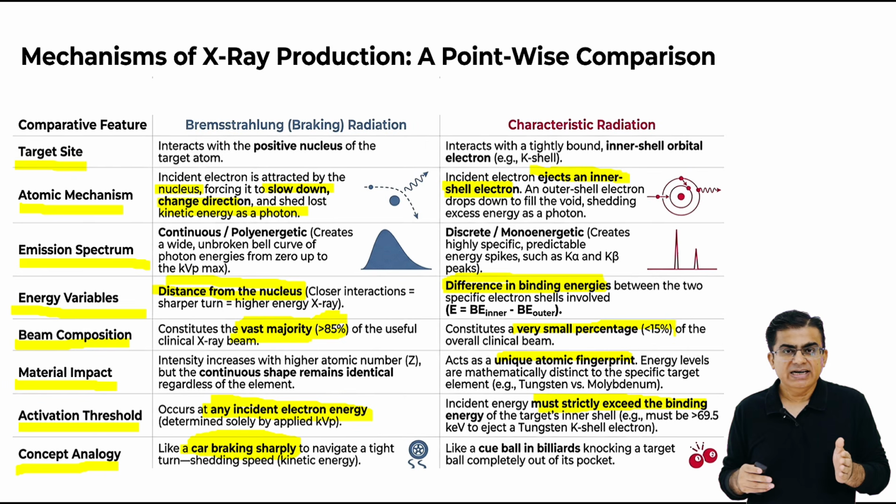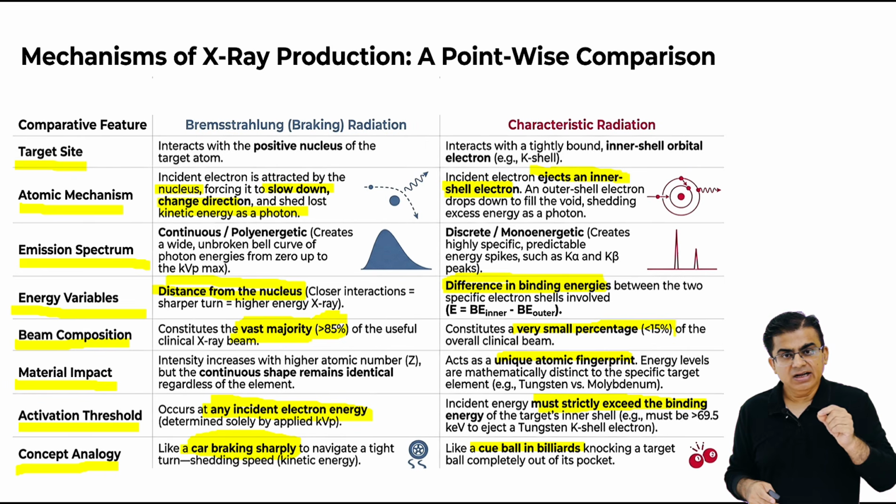The speed that the car loses is just like the kinetic energy our electron sheds. Think of characteristic radiation exactly like a fast moving cue ball on a billiard table. The incoming cue ball violently strikes and knocks the target ball completely out of its pocket.